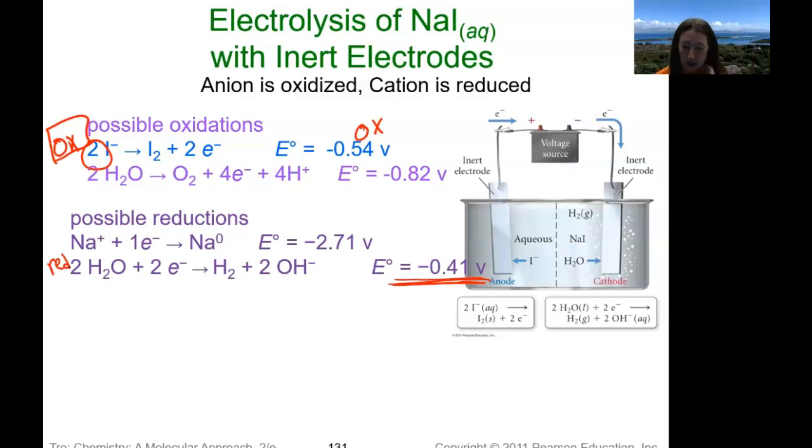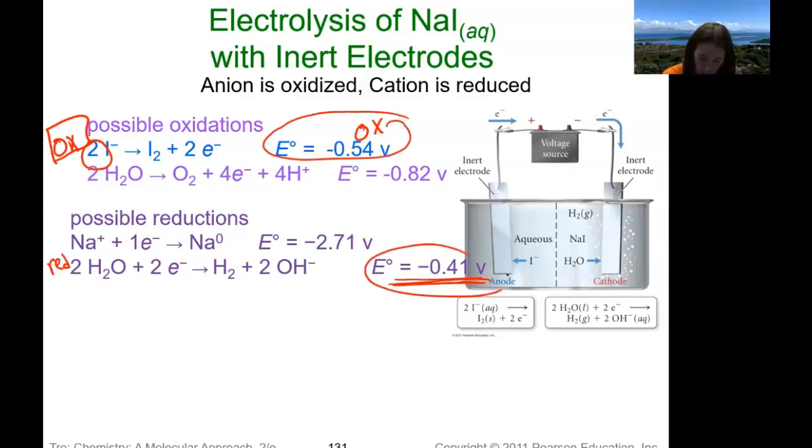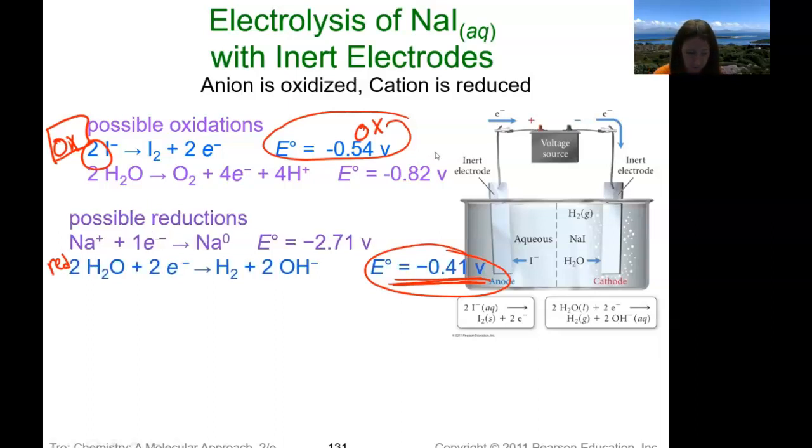Now, if we wanted to know what our E cell was here, we would add this one and this one, right? And you can see, in this case, we're going to have to add a voltage to make this occur, and we talked about that with our last lecture for our electrolysis.